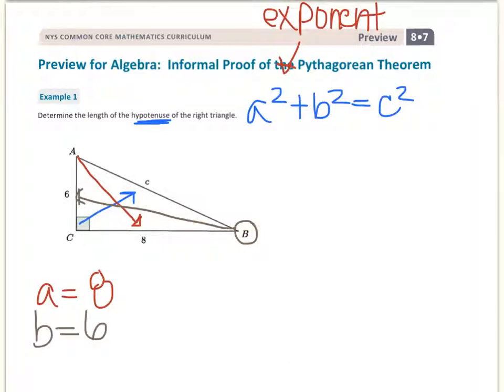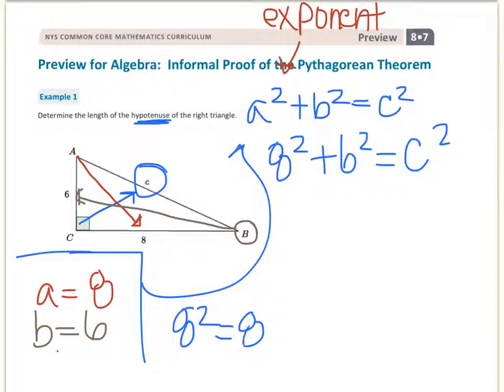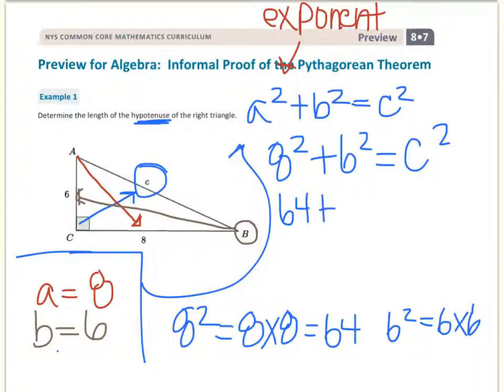So now I'm going to substitute these numbers into my formula. My A is 8, so I have 8 squared, plus my B is 6 squared, equals, do I know what my C is? I don't, so I'm going to leave it as c squared. So now I know 8 squared is 8 times 8, which gives us 64. 6 squared is 6 times 6, which gives us 36.